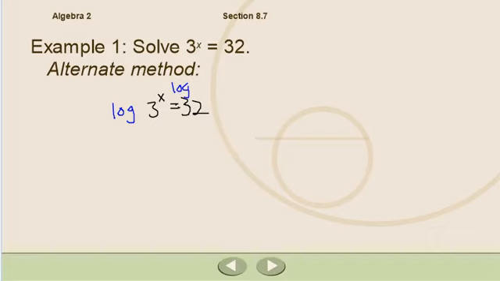So I'll rewrite this so we have log, so we took the common log, base 10, of 3, and we remember that now that we took the log of both sides, this x can come out here, equals the log of 32.